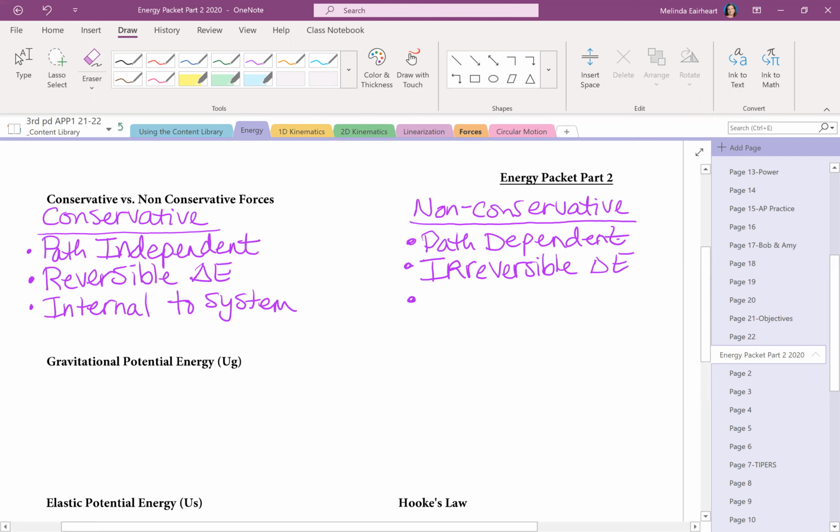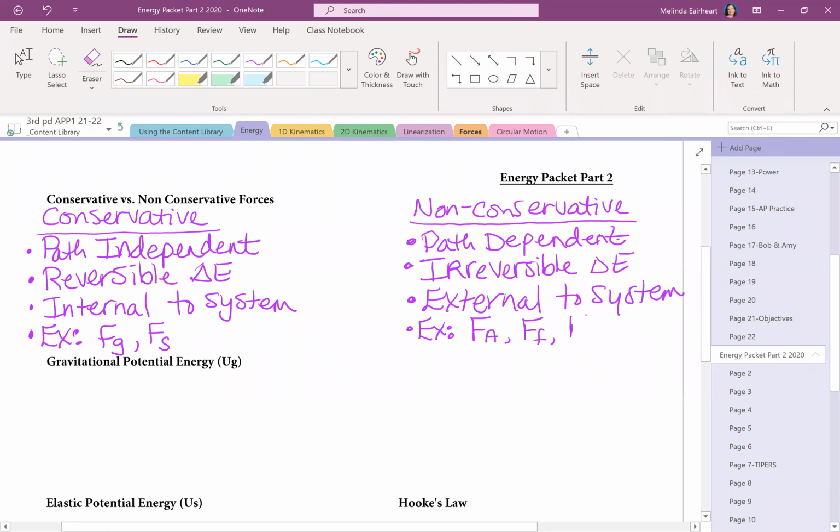And so examples of non-conservative forces: well, we've got applied force, friction, maybe tension, okay, dot, dot, dot. Anything that's not gravity, anything that's not a spring. So for this course, our conservative forces are just those two.